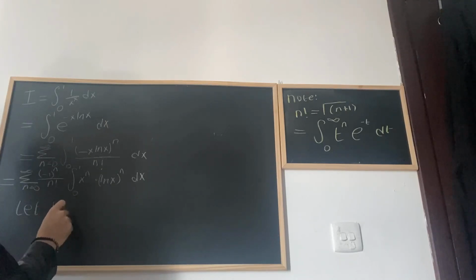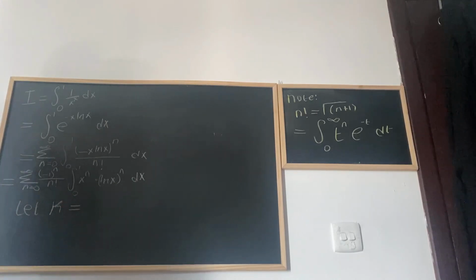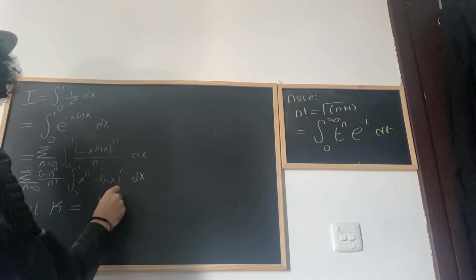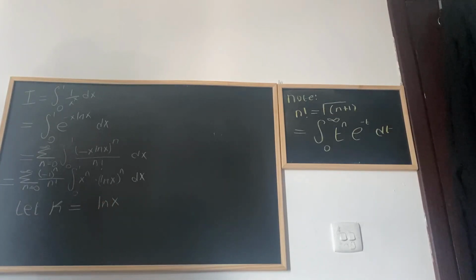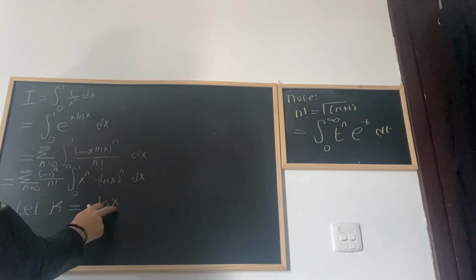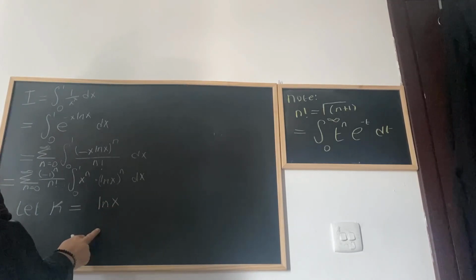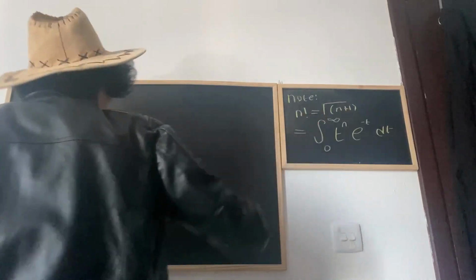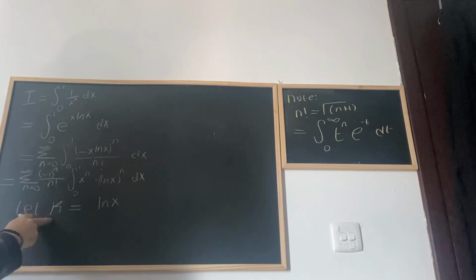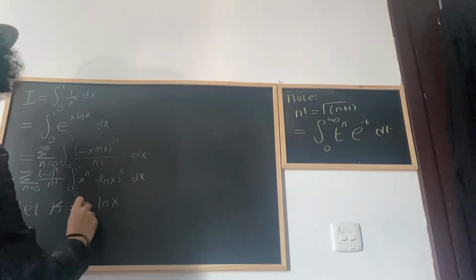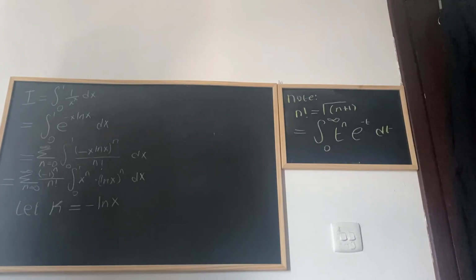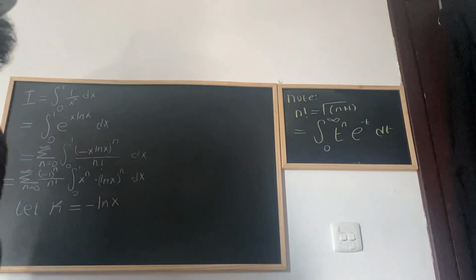Let k equal, let's say, ln x. That means our bounds will change. When x is 0, k is negative infinity. But we actually want infinity, not negative infinity. So let's let k equal negative ln x. How about that? Yeah, that sounds good.